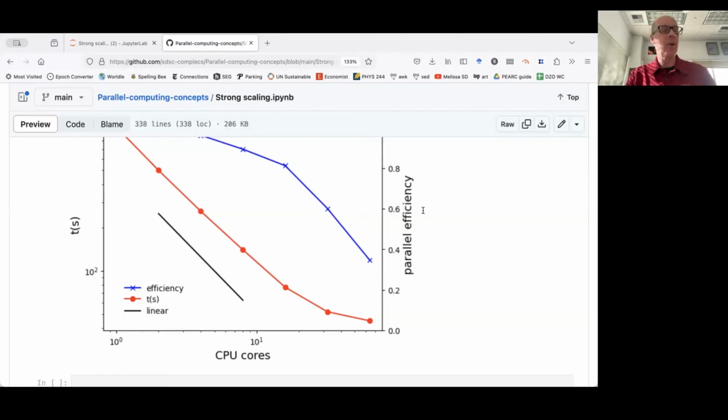Unless you have a very, very simple application, and you manually put timers around the serial and potentially parallelizable content to determine how much time is being spent in each chunk, you probably won't be able to calculate it. It's really more of a theoretical concept.